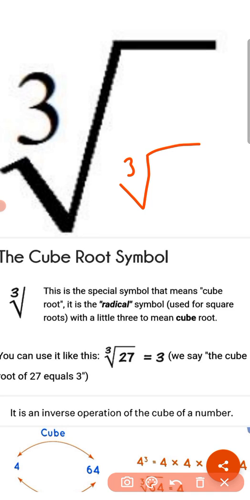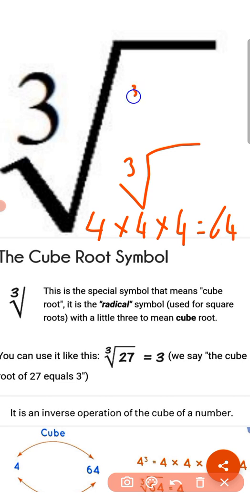So, as you learned, 4 into 4 into 4 is equal to 64. So, we can say cube root of 64 is equal to 4. Read it as cube root of 64.